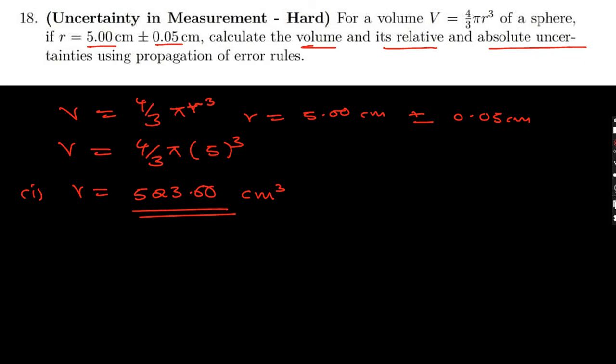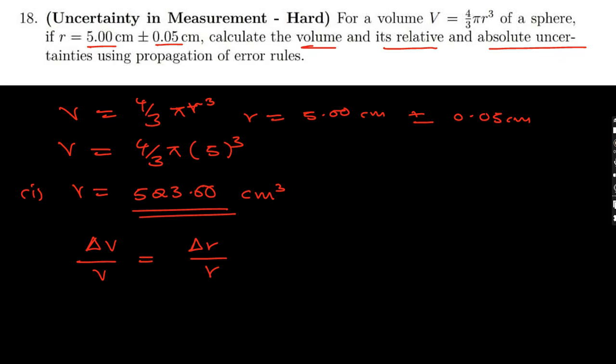Okay, our second part now is to find the relative uncertainty. The relative uncertainty of this is going to be written as delta V over V equal to the relative uncertainty of radius, delta R over R. But here's what I want you to see.